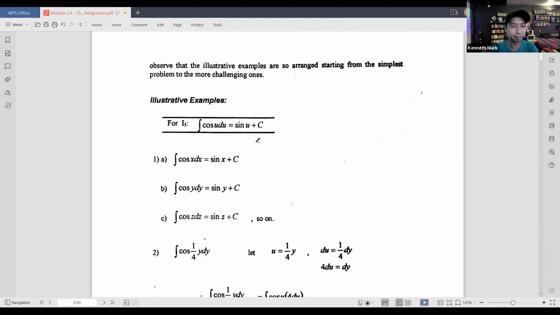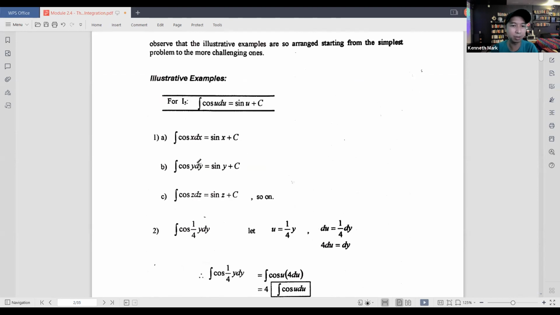So basic muna. So change tayo ng variable. Cosine x dx is equivalent to sine x plus c. Yan. How about cosine y dy? So the same lang din. Yung integral of cosine is just equal to sine y plus c, and so on.